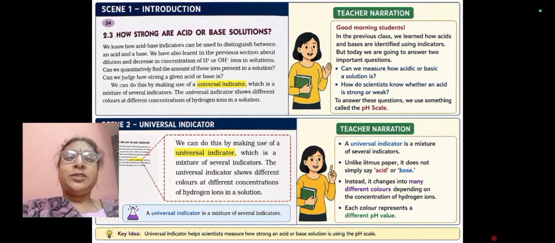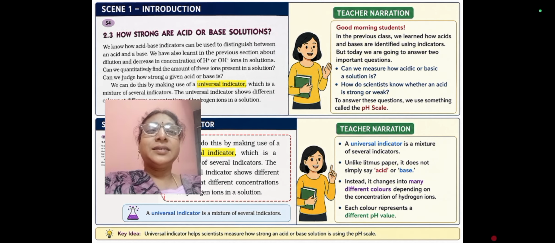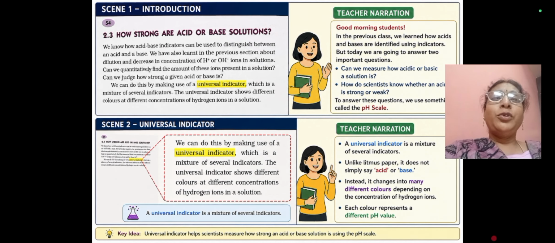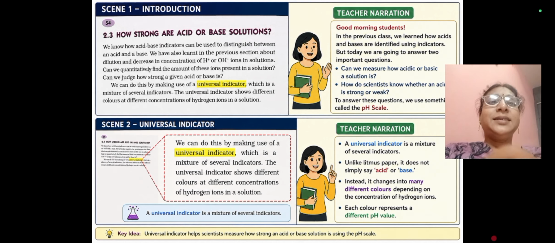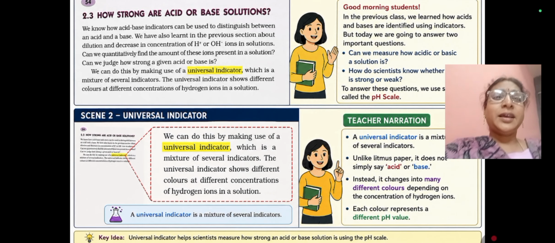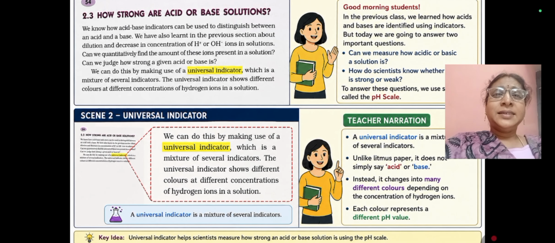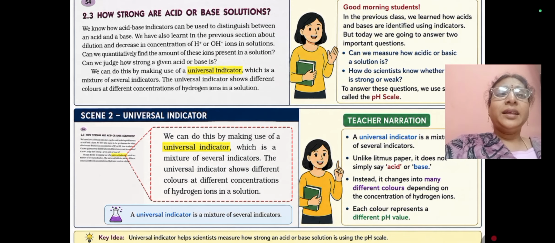The first topic is how strong acids or bases are in solutions. We know how acid-base indicators can be used to distinguish between acid and base. We have also learned in the previous section about dilution and the decrease in concentration of H plus or OH minus ions in solutions.